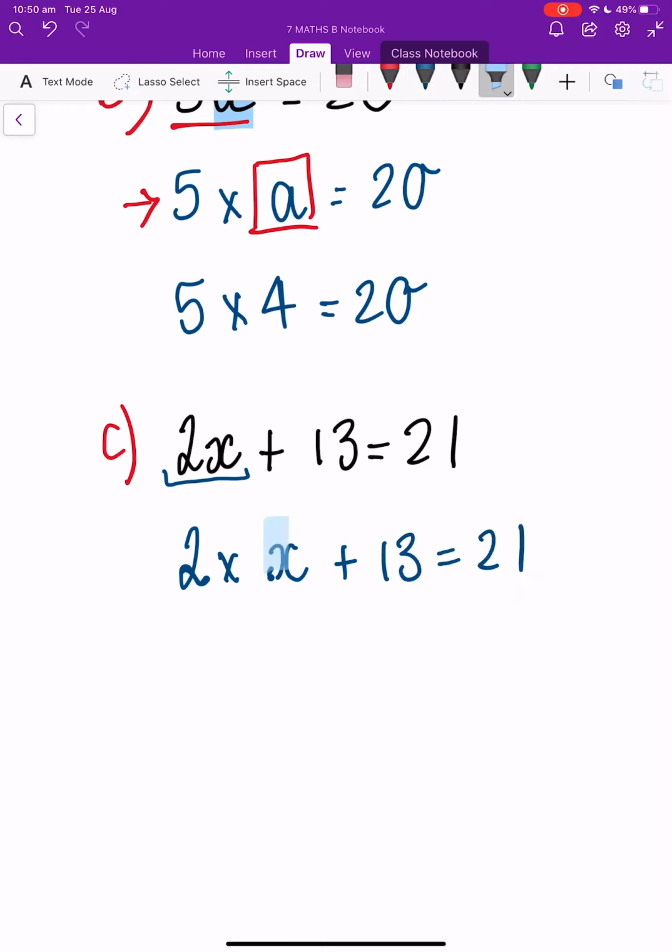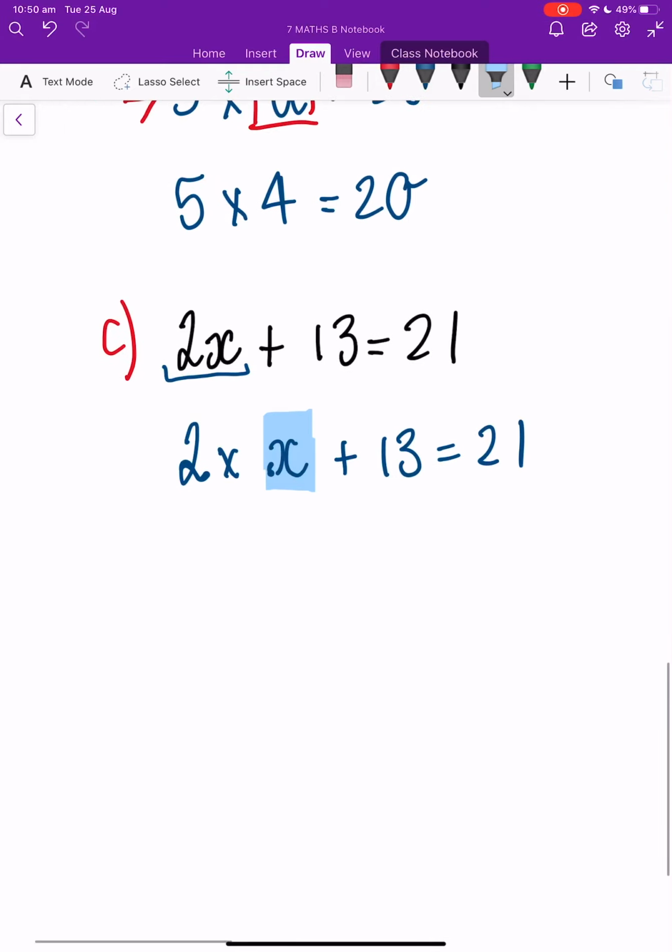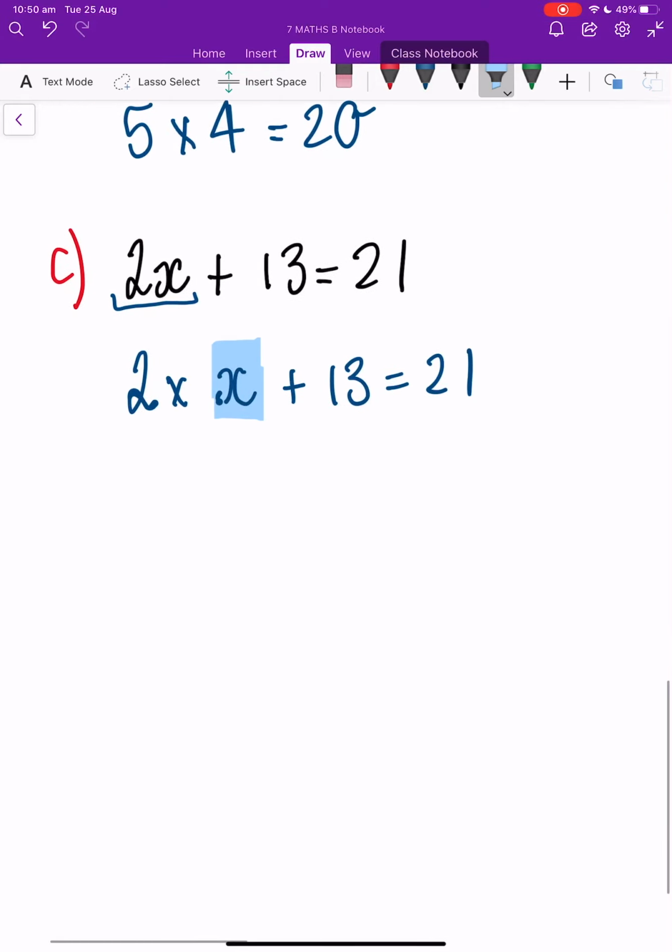So this is my unknown. Now I spoke about inspection, so trial and error, to work out a problem. That means if we don't know off the top of our head what this x could be, let's just try a few different values. Let's first try to make x 10 and see if that would work.